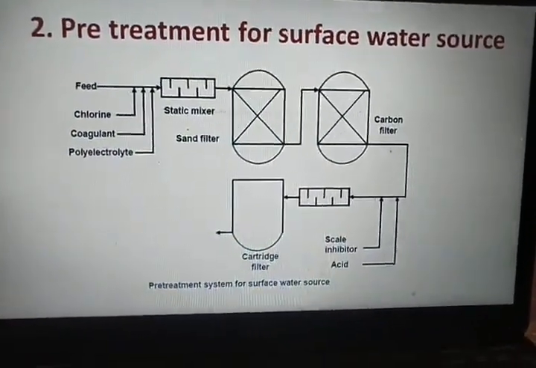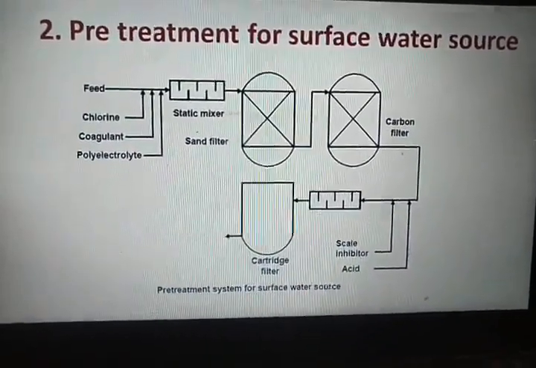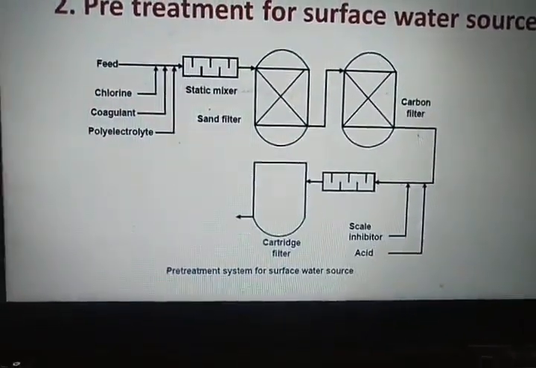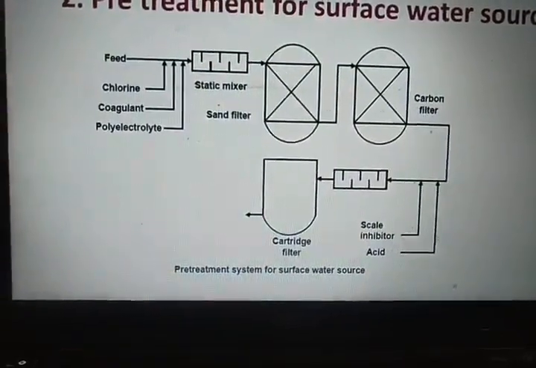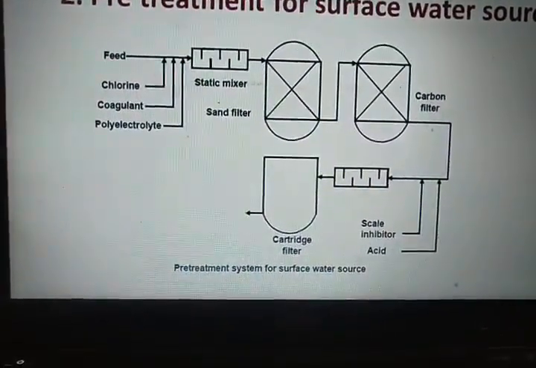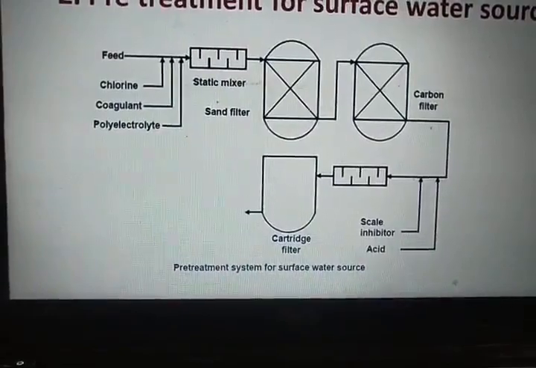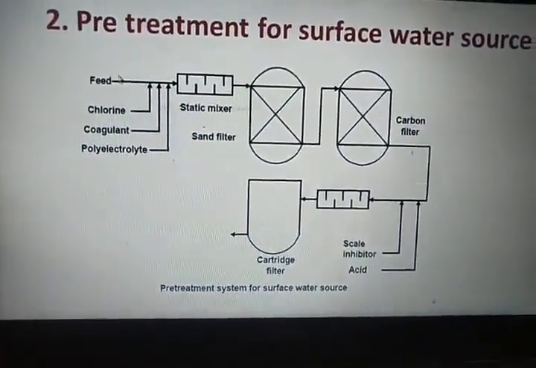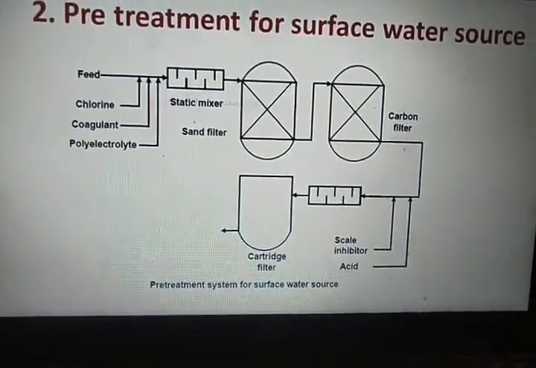Then coming to pre-treatment of surface water, along with the screens we have different combinations you can see here. That is, we'll have a feed along with the disinfecting agent, then the coagulant in the form of a polyelectrolyte, then we have a static mixer.